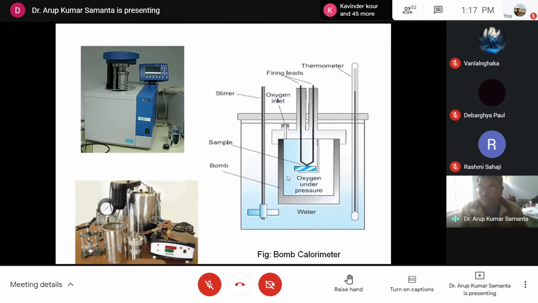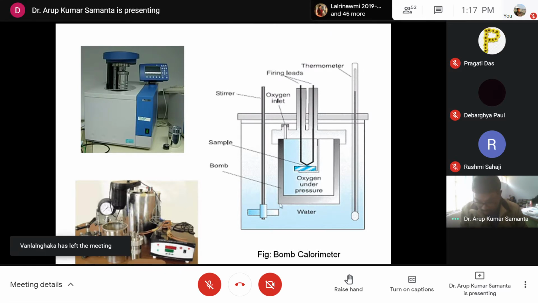You ignite the sample, and in the presence of oxygen the food is burned and heat is produced. That heat is disseminated to the water circulating in and around the bomb, and there will be a rise in temperature. So this is the picture of the bomb calorimeter.